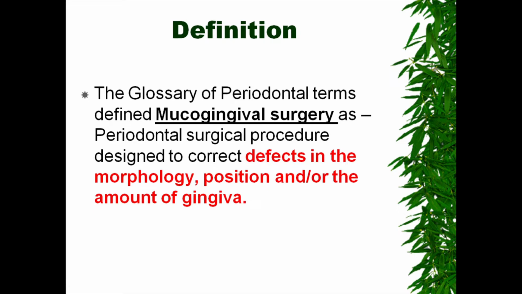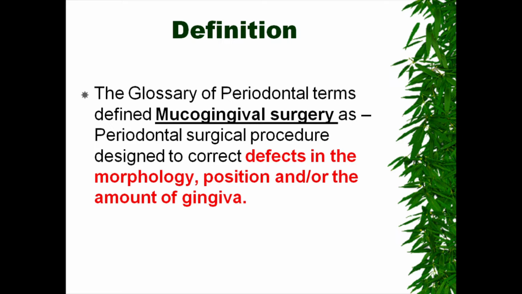Now coming on to the definitions. The first definition that we will be discussing is of mucogingival surgery. According to the glossary of periodontal terms, mucogingival surgery refers to periodontal surgical procedures designed to correct defects in the morphology, position and/or amount of gingiva.